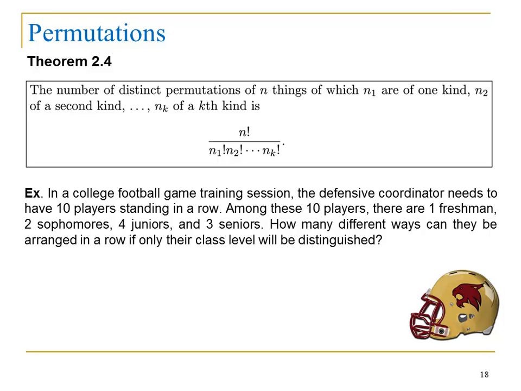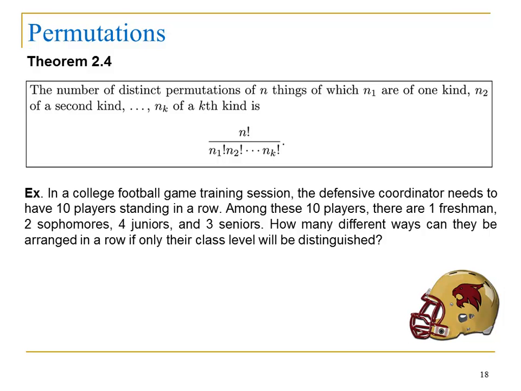Sophomore, junior, freshman, and seniors. So the question is, how many different ways can they be arranged in a row if only their class level will be distinguished? So again, we have different numbers of freshmen, sophomores, juniors, and seniors.